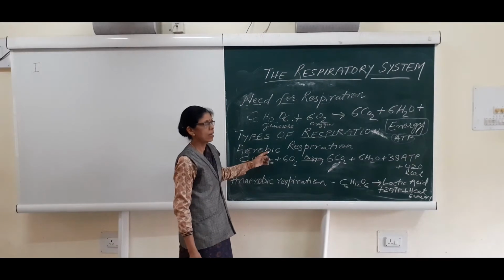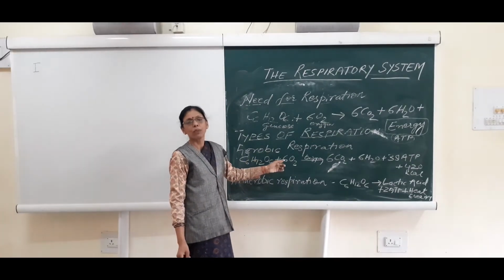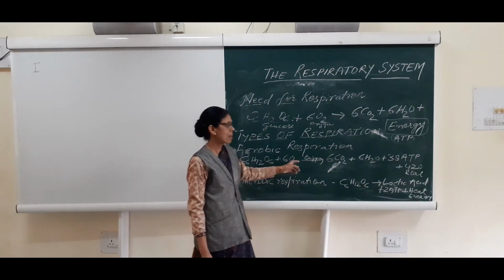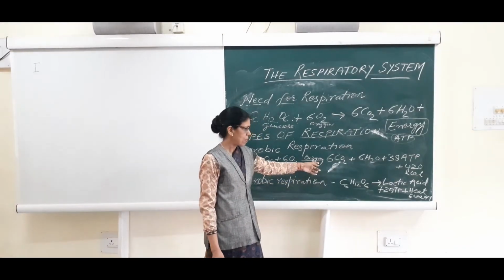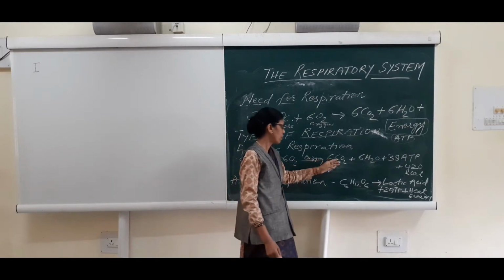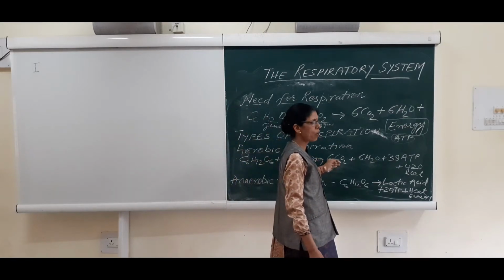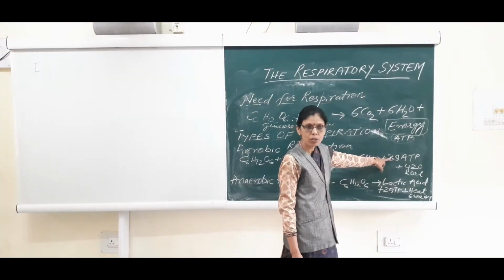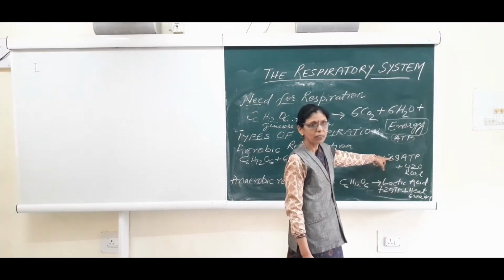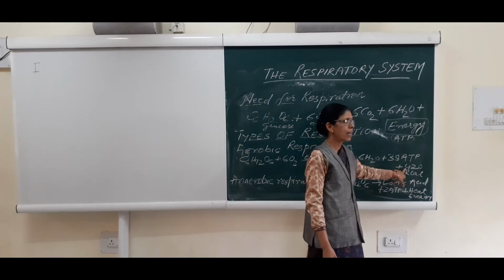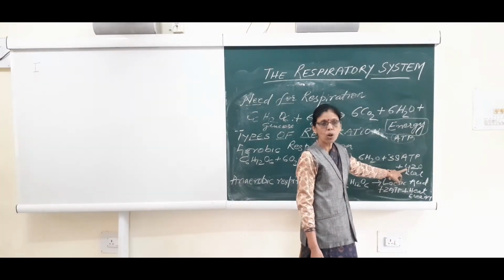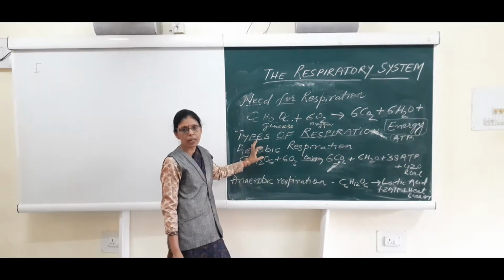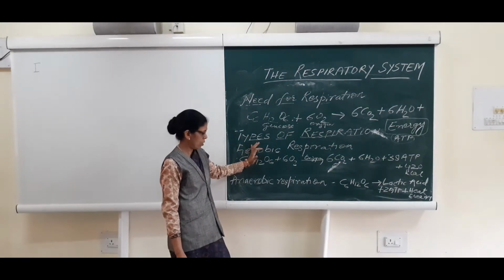Aerobic respiration is a respiration which takes place in presence of oxygen as well as enzymes, and we get the end products as carbon dioxide, water, 38 molecules of adenosine triphosphate, as well as heat liberated as 420 kilocalories. Aerobic respiration is the respiration which takes place in presence of oxygen.